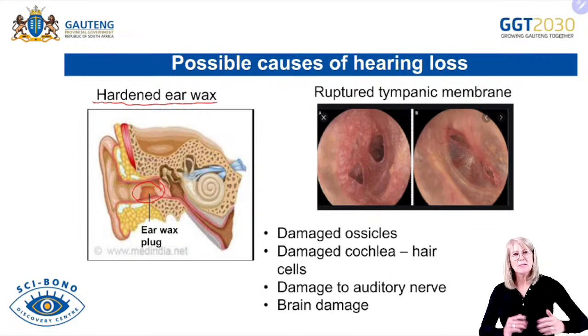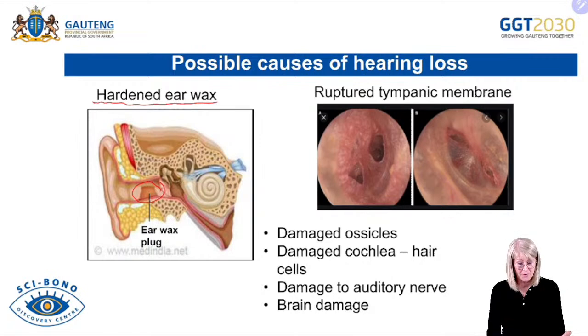But what can happen is your auditory canal produces a lot of earwax and it builds up. Then it becomes dried out because the air dries the wax out, and it becomes hardened. You can see it's blocking the path of sound. Remember, the sound must come in from outside and get to the tympanic membrane.